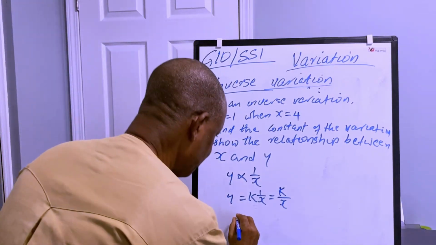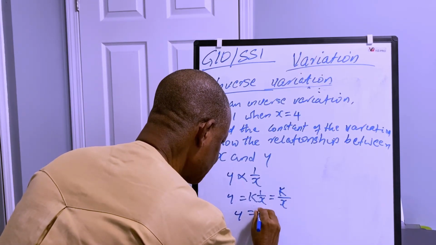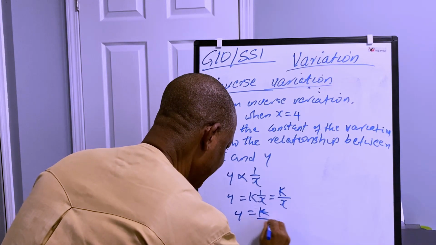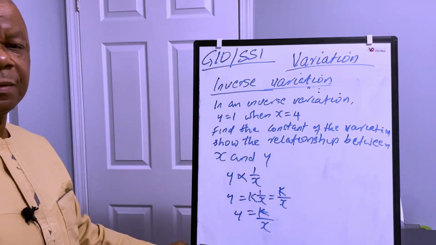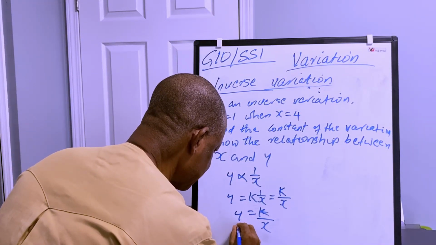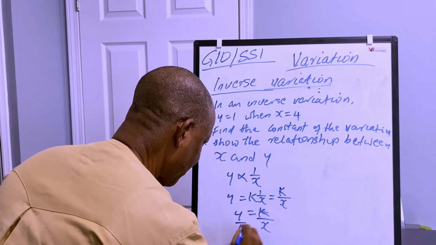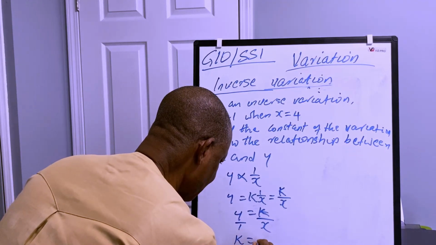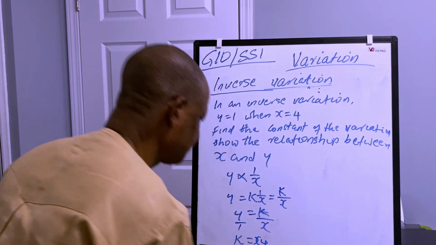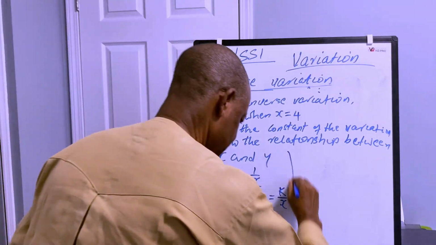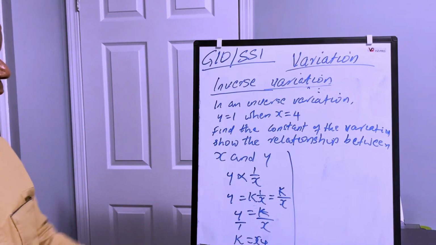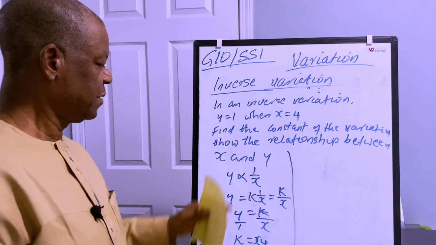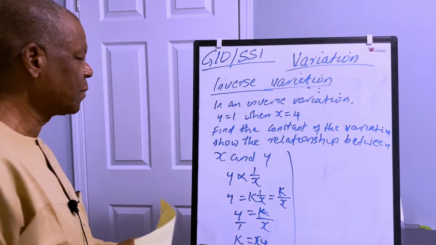So here we have y equals k over x. Somebody can as well write it in principle, this is over 1. 1 times k is k. k is equal to xy. This is still the same. Now we answer the question.